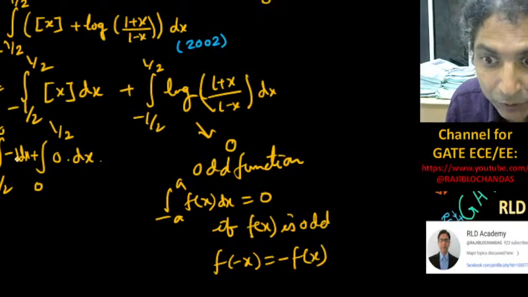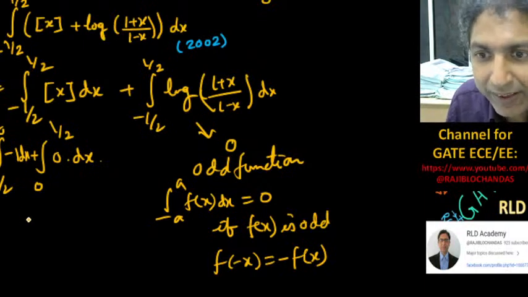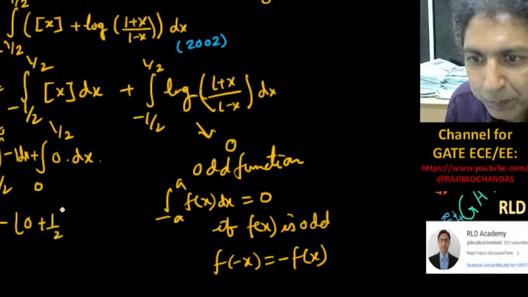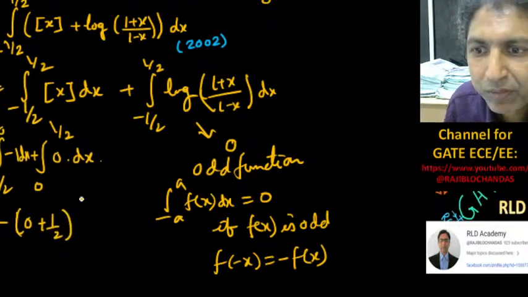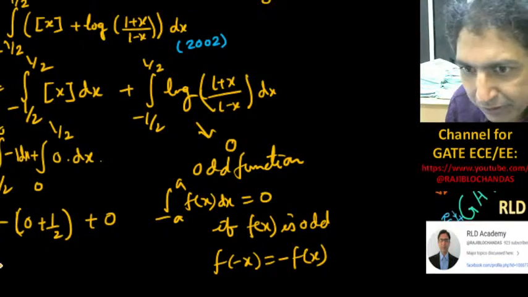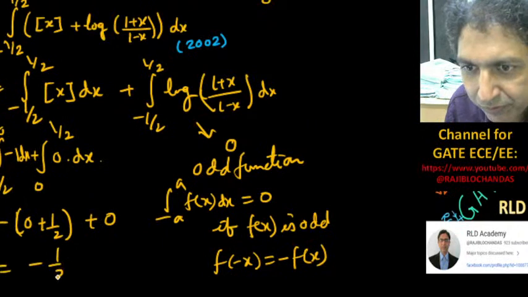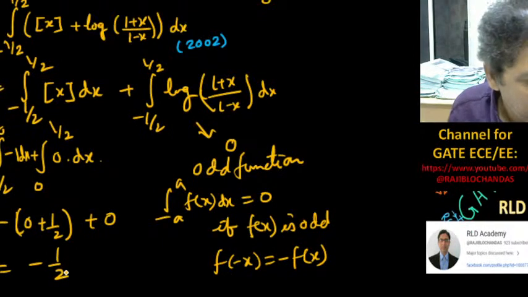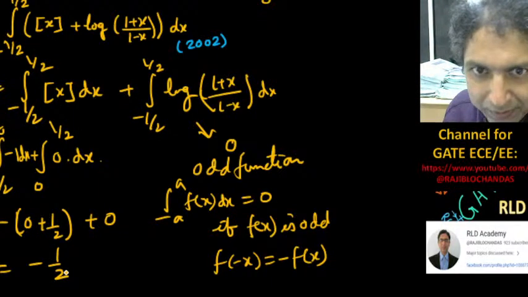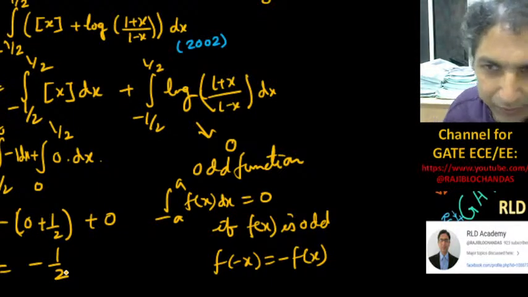Okay, be careful with this. So it is x from -1/2 to 0, that is 0 minus (-1/2), plus 1/2, and the other part is absolutely 0, so the value is -1/2. Right? So this kind of problem we can solve.